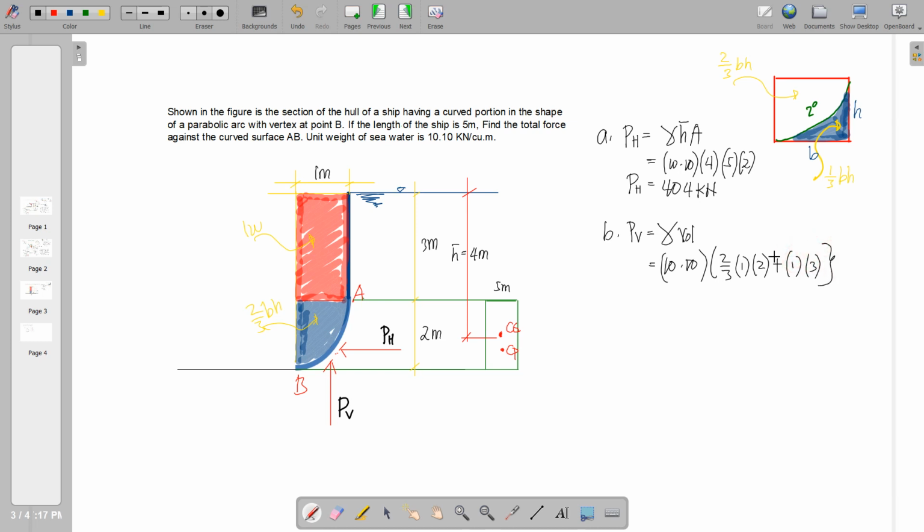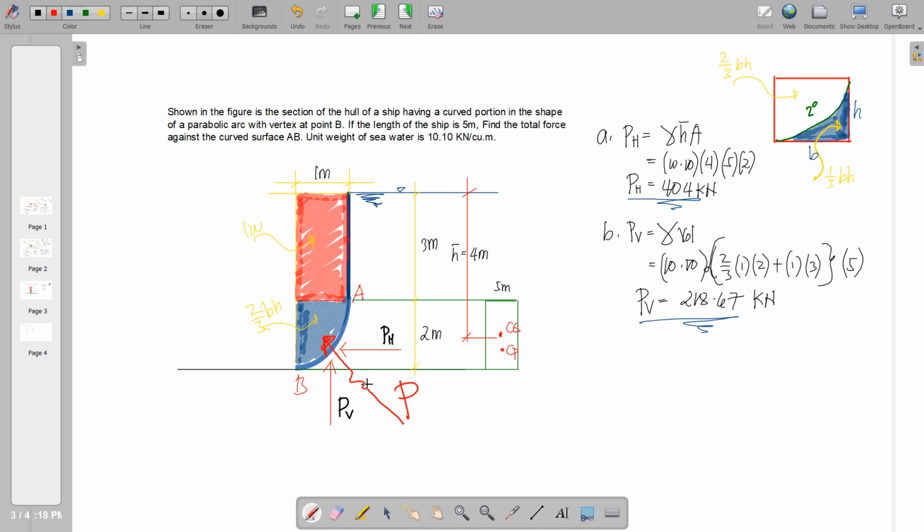So this will be enclosed by a bracket and then multiplied by 5 meters, which is the width of our ship. So that would yield 218.67 kilonewton.